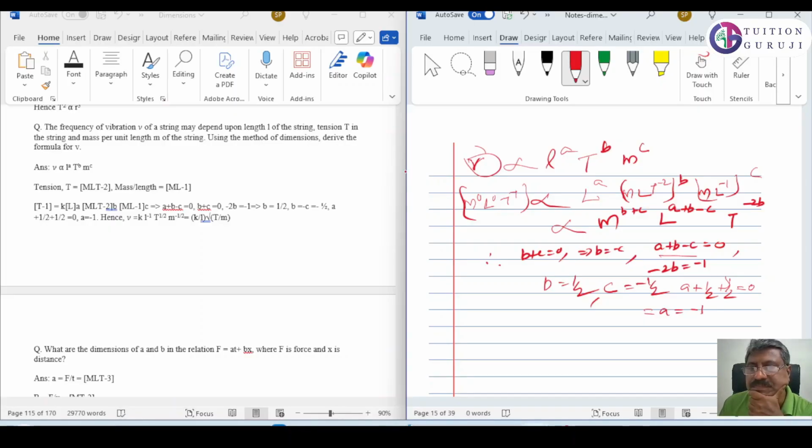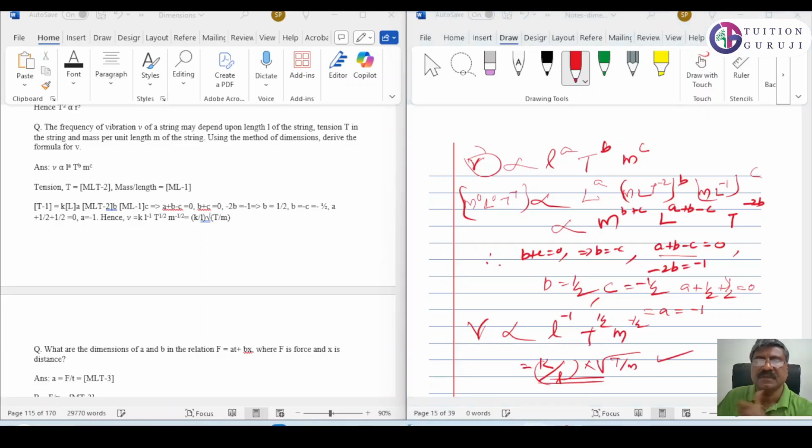This means nu is proportional to L raised to A, which is minus 1, then T raised to B, B is half, then M raised to C, C is minus half. It is equal to K by L into square root of T by M. Answer.